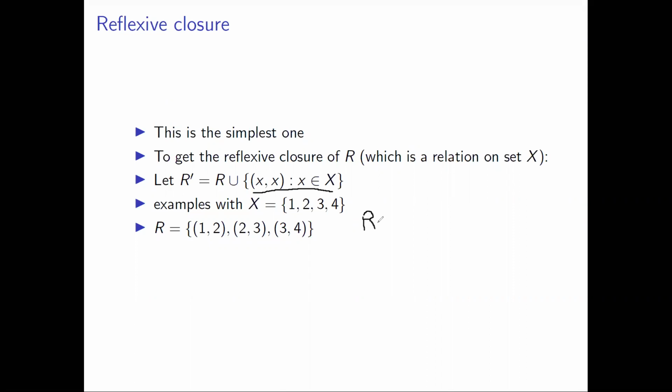In order to find the reflexive closure, I'm just going to take the union of R right there with the set of those ordered pairs on the diagonal of my set big X. My diagonal consists of 1, 1, 2, 2, 3, 3, and 4, 4.